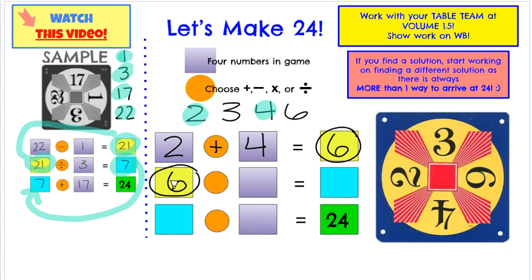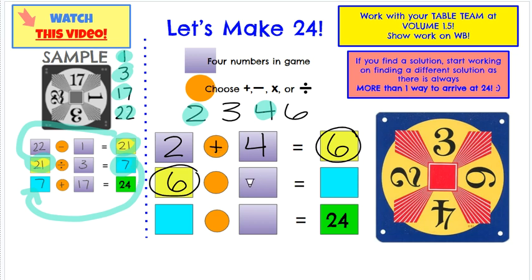So I'm going to carry that 6 over. Now I have a 3 and I have a 6 left to work with. I've got to get this 6 a little closer to 24. So I'm going to try this 3 here. 6 times 6 would be 36. That'd be higher. 3 won't get me back.